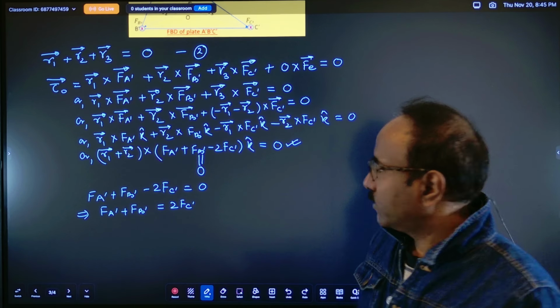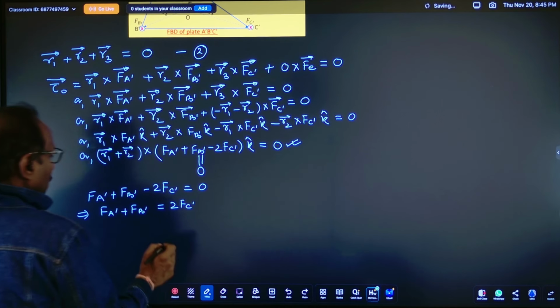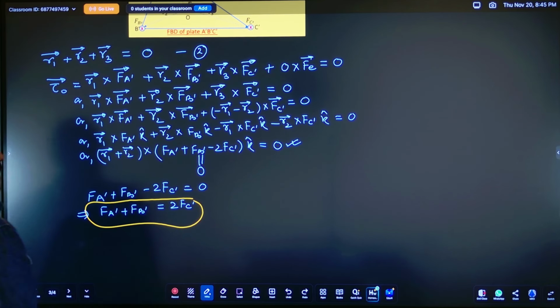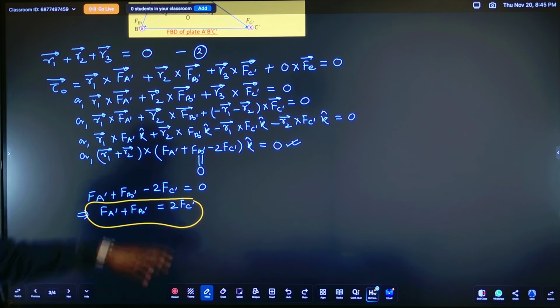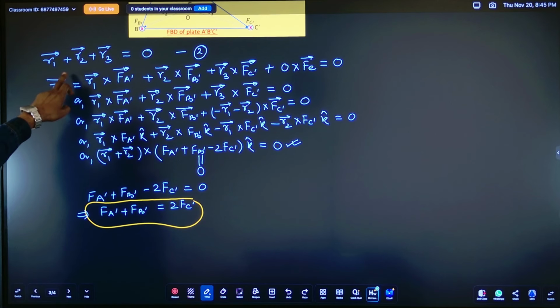This equation we obtained is by putting R3 in terms of R1 and R2.